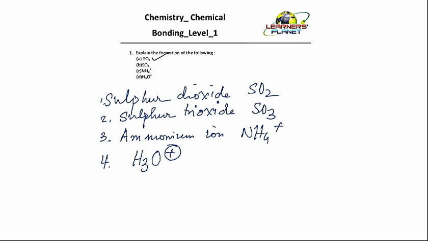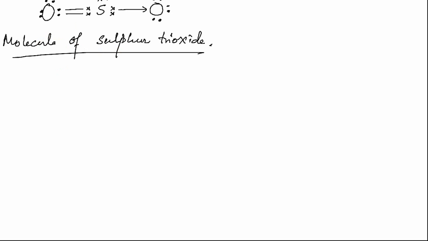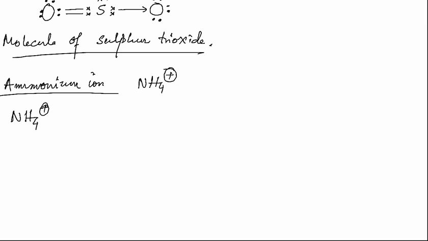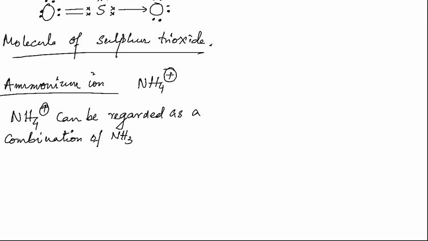Going back to the question, we have discussed sulfur dioxide and sulfur trioxide. Now we shall discuss the formation of the ammonium ion and the hydroxonium ion. In the formation of the ammonium ion, NH4 plus can be regarded as a combination of an NH3 molecule and an H plus ion.